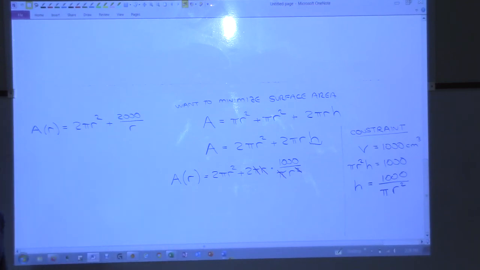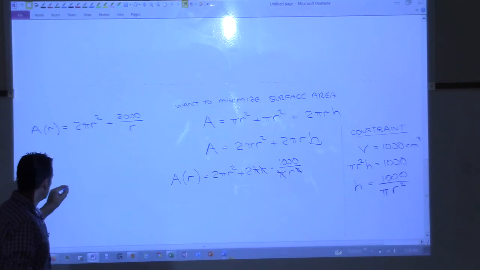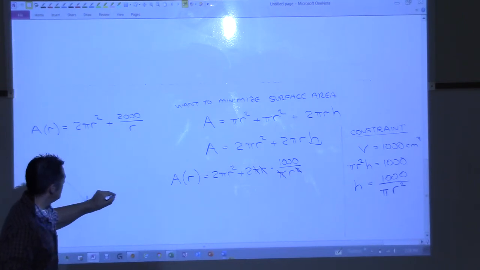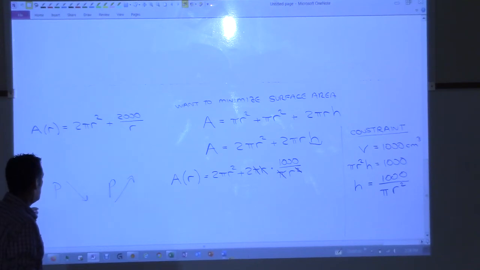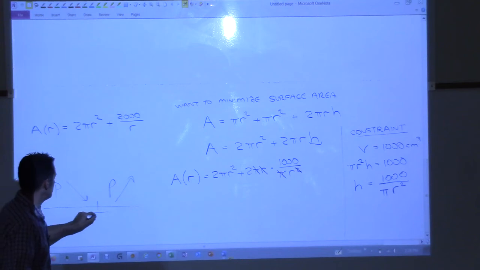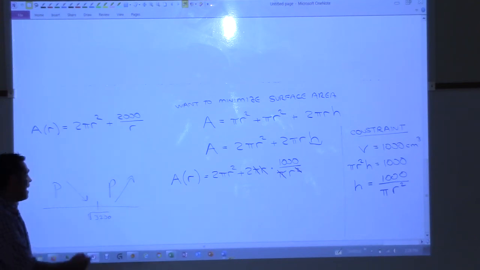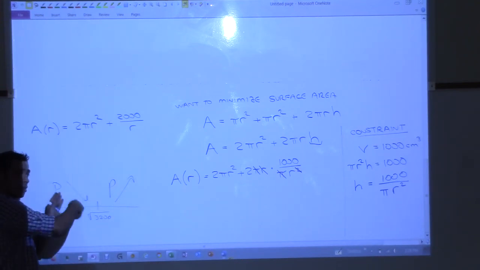I should also point out, I'm running short on time here, but remember in the last problem, P was going down and then P was going up? I actually had to go in and plug these test points in to show the down and up.